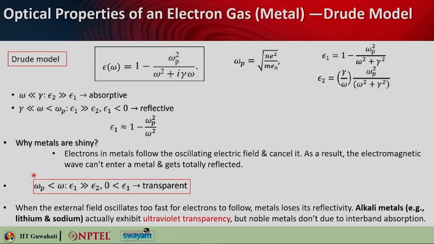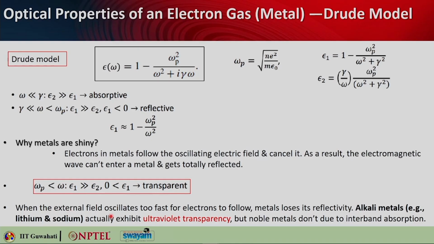Okay. Now, if the frequency is larger than omega p, we have seen what happens, right? In that case, your epsilon 1 becomes much larger than epsilon 2. It means again the absorption is minimal, but in this case, because epsilon 1 is positive, it allows the light or wavelength to pass through. That means it will become transparent. Okay.